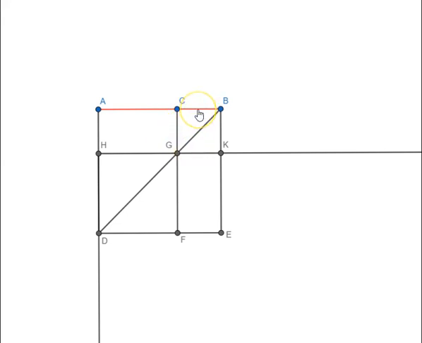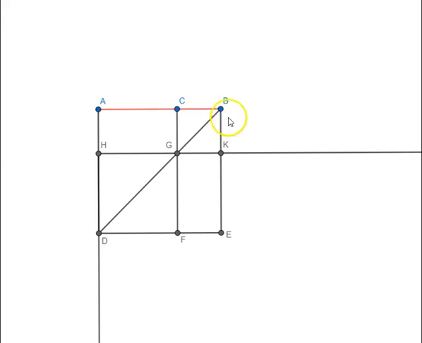This is parallel to this, and this diagonal cuts this into two equal parts. So that means this angle is equal to this angle. That means this side is equal to this side. That means all the sides are equal and opposite sides are parallel to each other. This is 90 degrees, ABE, because remember we have formed a square.